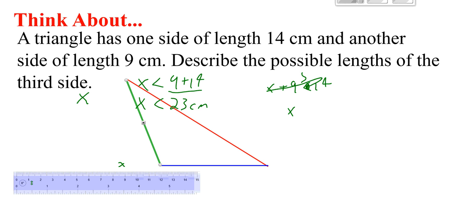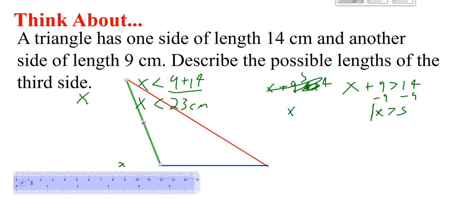So let me rewrite that inequality: X plus 9 has to be greater than that 14. Subtracting 9 from both sides, X is greater than 5.